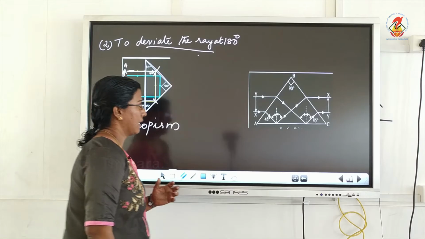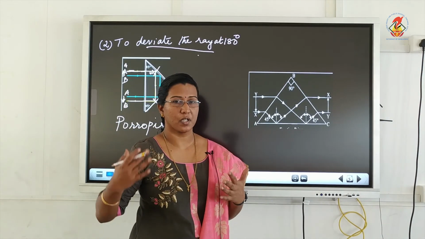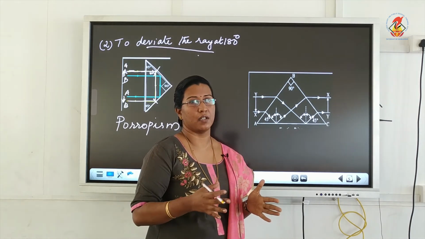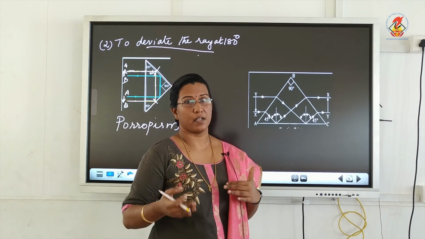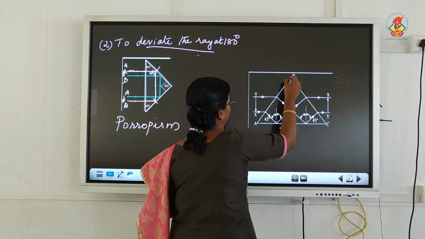Now the next one is, if you want to get an emergent ray in which there is no deviation in the angle, but you want to get an inverted image, then you can keep the prism like this.